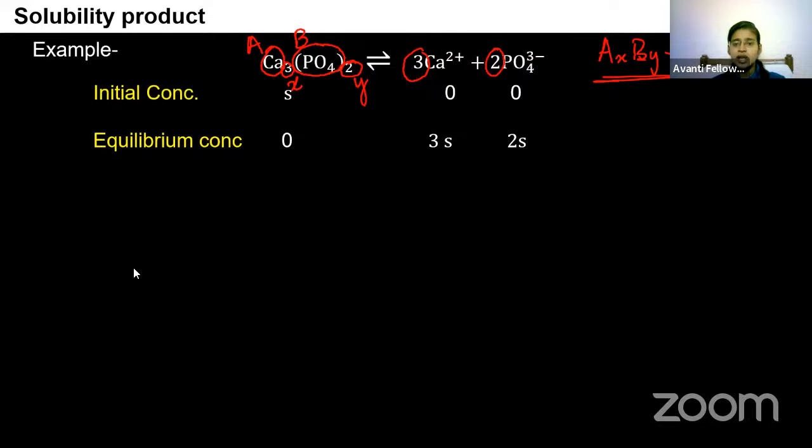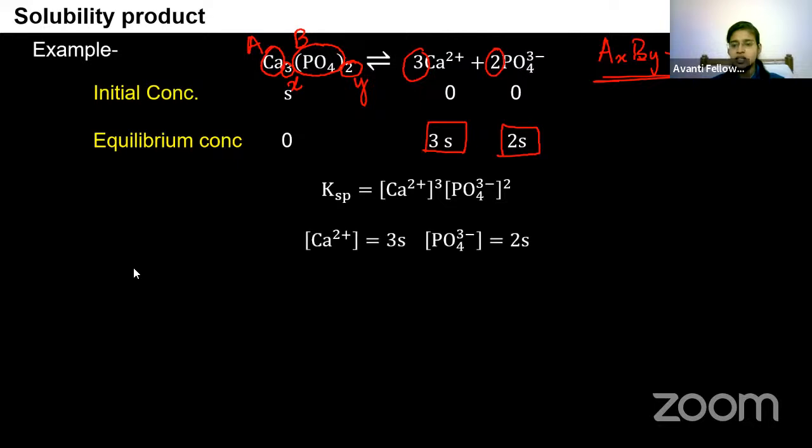Now, how to write the Ksp? Ksp is equal to the product concentrations raised to their stoichiometric coefficients. The calcium concentration is 3S and the phosphate concentration is 2S. Now substitute these two values in the Ksp.